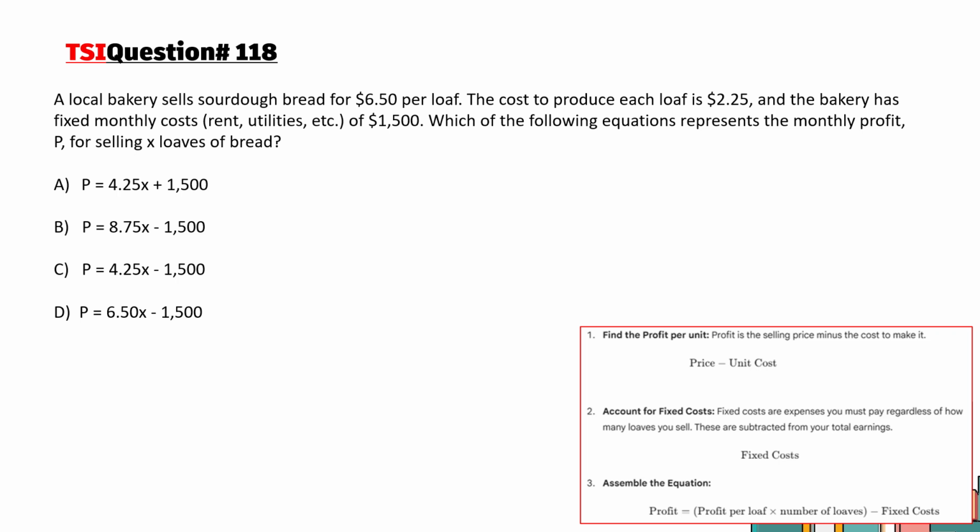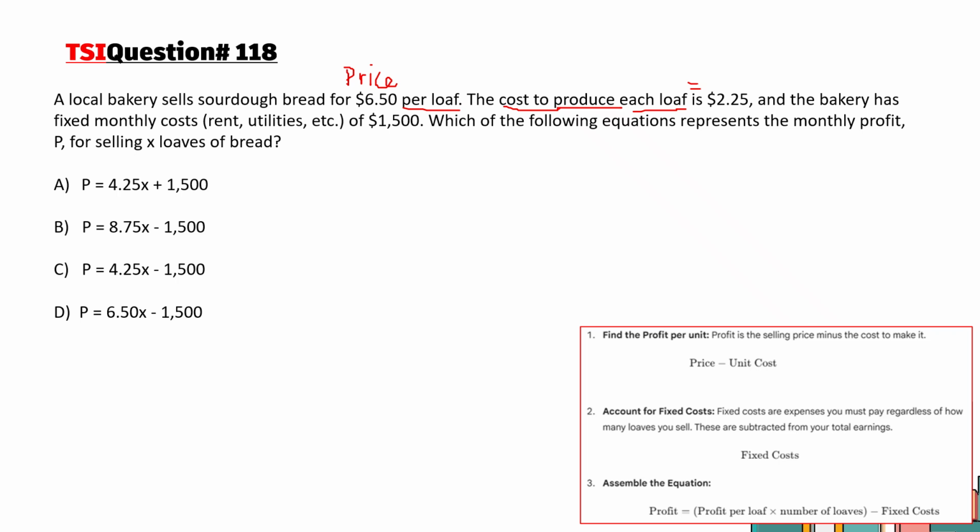So we have the price. This is the price per loaf. Okay. So the cost to produce one is 2.25. So you're selling at the price 6.5, and then you have to use $2.25 to make it.